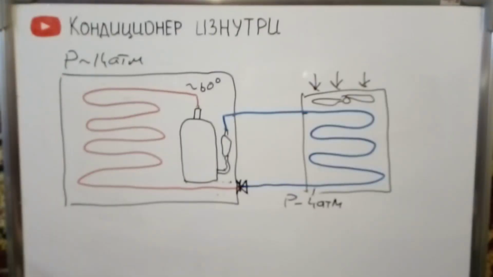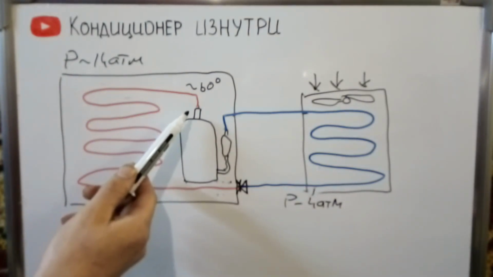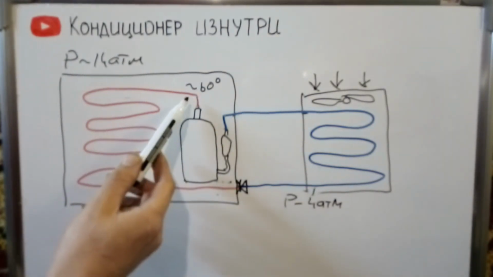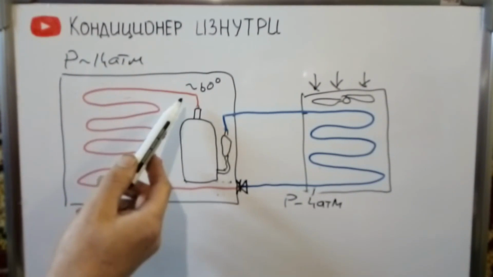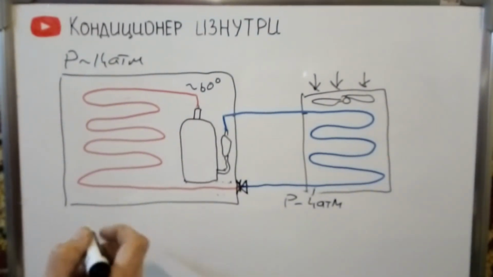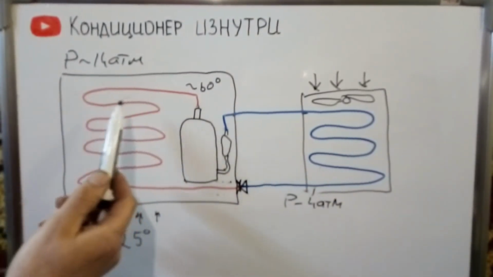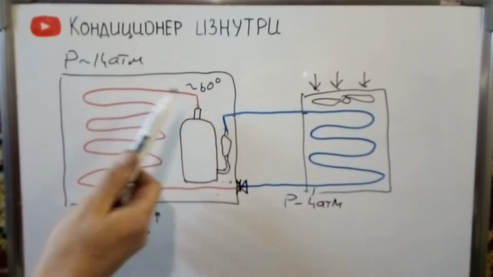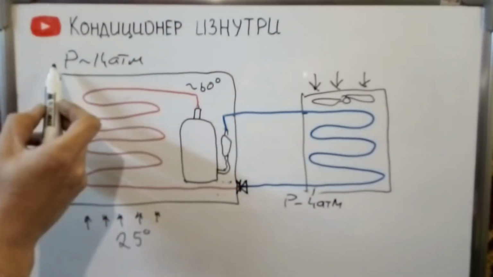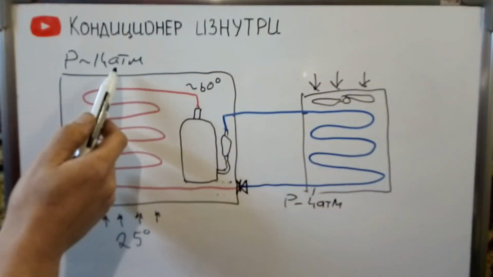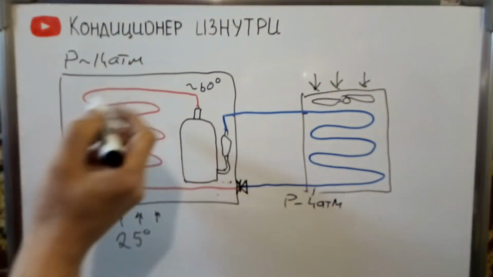The compressor pumps the refrigerant in a gaseous state with a temperature of about 60 degrees. Then it moves through the condenser, blown by the outside air, whose temperature is 25 degrees. As it passes through the condenser, the superheated gaseous refrigerant begins to cool down. At a pressure of 14 atmospheres, the refrigerant is cooled to 38 degrees Celsius.